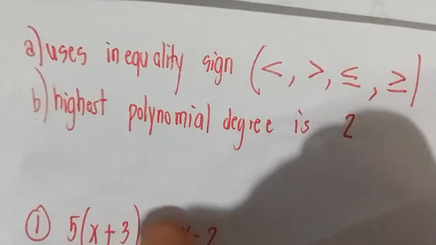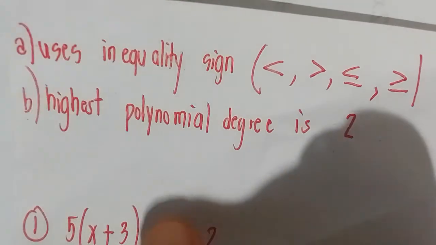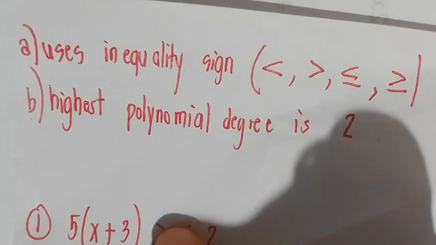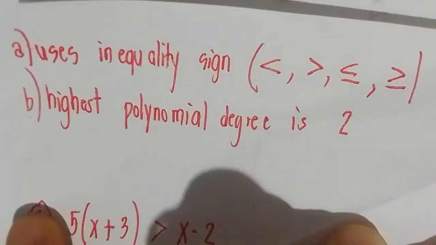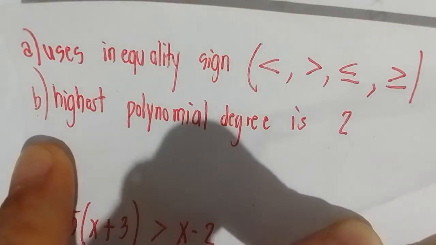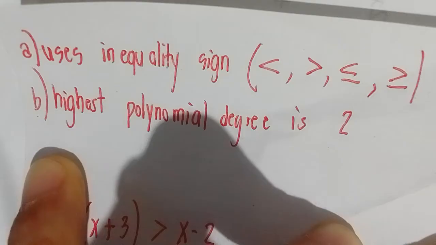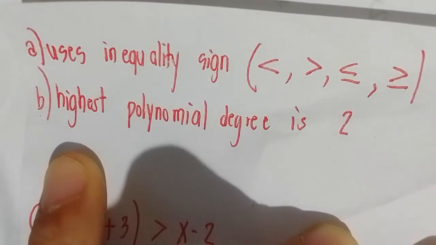So mo ni siya again, part 1 is all about identifying if the given relation is a quadratic inequality or not. So, balik-balik na akong giingon ninyo sa akong mga discussion that there are two conditions nga dapat ra ninyong hinumduman before you can say or you can conclude that the given relation is a quadratic inequality.